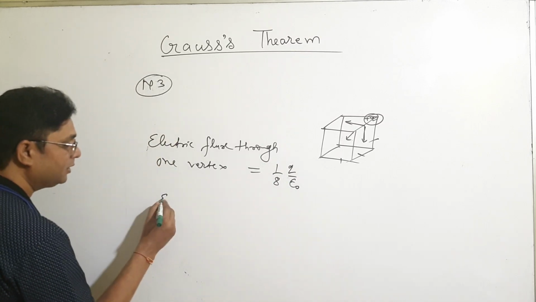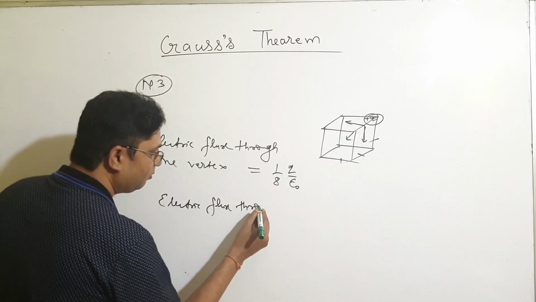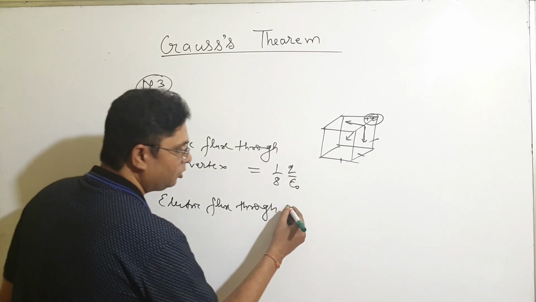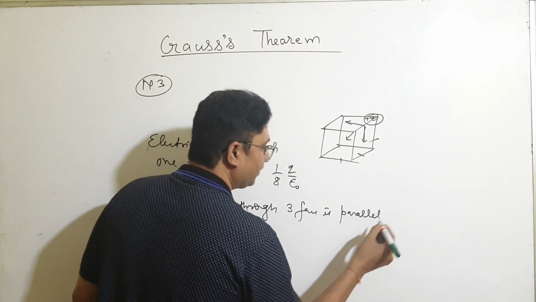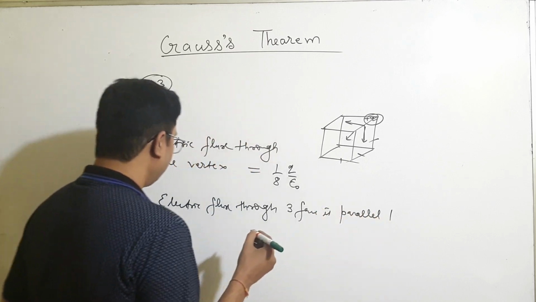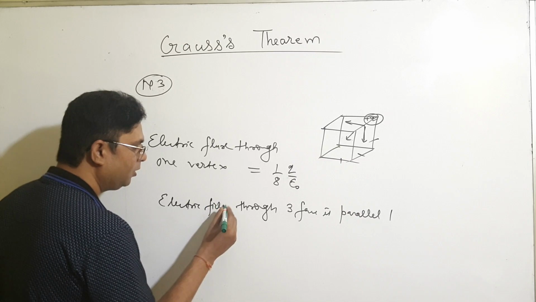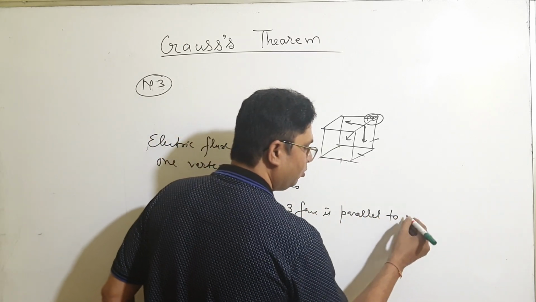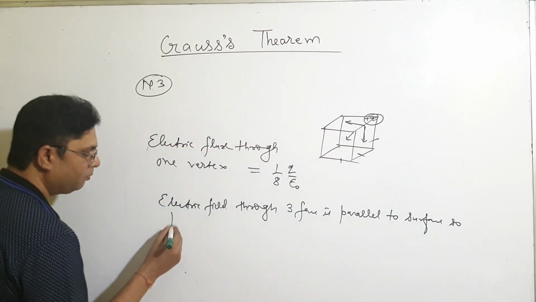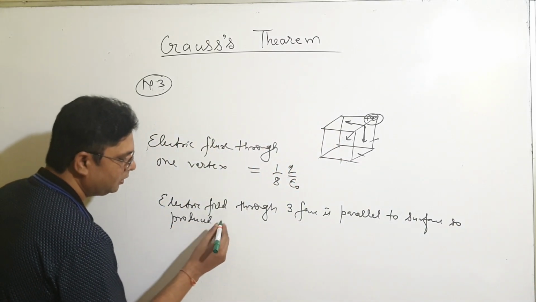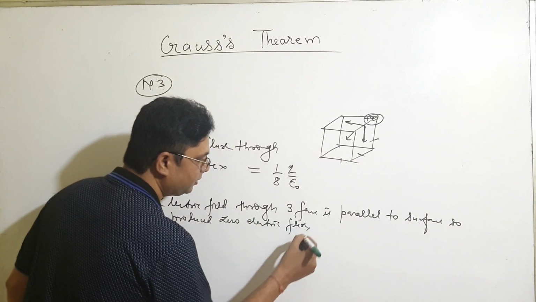The electric field through 3 faces is parallel to the surface, so it produces 0 electric flux.